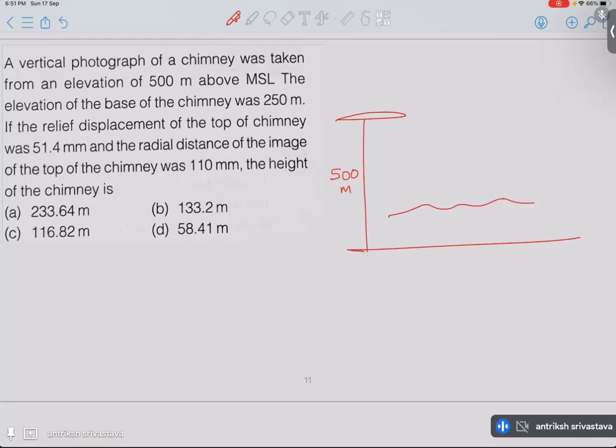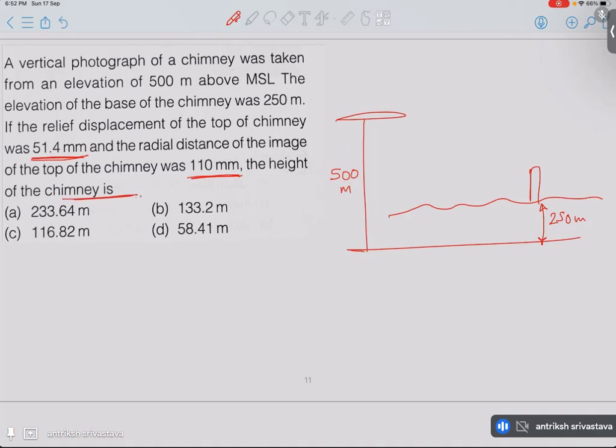So the chimney was somewhere here and the elevation for that was 250 meters. If the relief displacement of the top of the chimney was this much and the radial distance of the image of the top of the chimney was this much, the height of the chimney is.